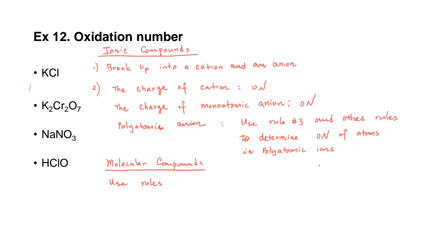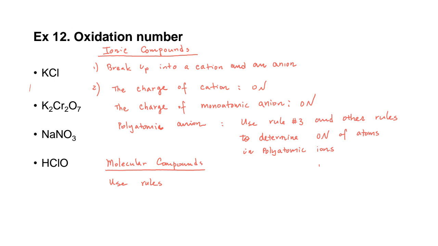The reason is that the charge of the cation will automatically be the oxidation number for the metal. And if the anion is monatomic, then the charge of that monatomic anion will become its oxidation number.